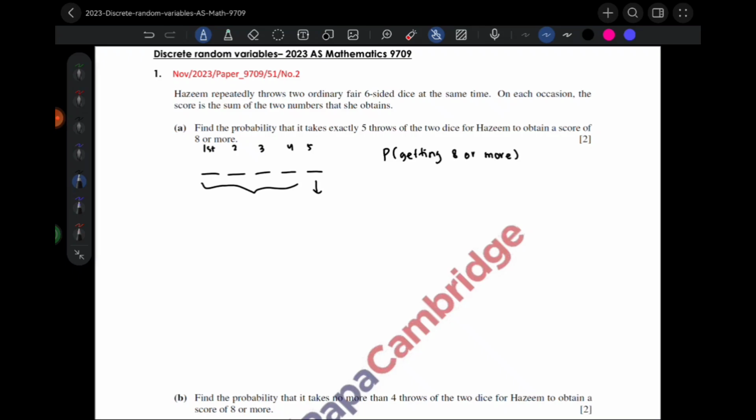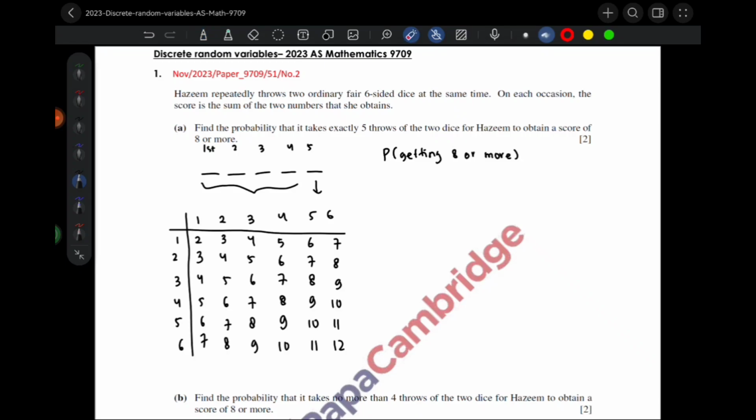How are we going to find this? Of course, we can draw a table. We throw 2 fair 6-sided dice, so we have it like this. We add the numbers, so we have 2, 3, 4, 5, 6, 7.